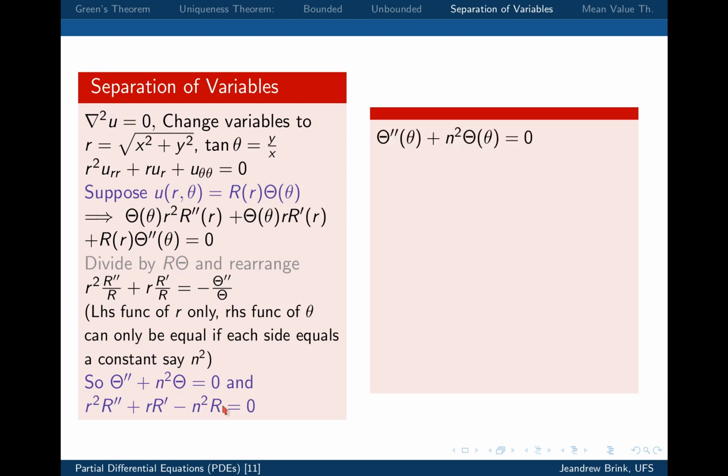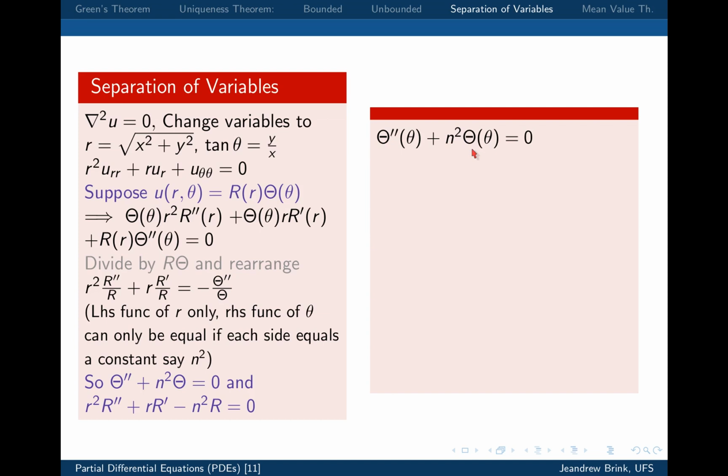Okay, so let's now solve these equations. The first equation is simply theta double prime plus n squared theta, and that's your harmonic oscillator.